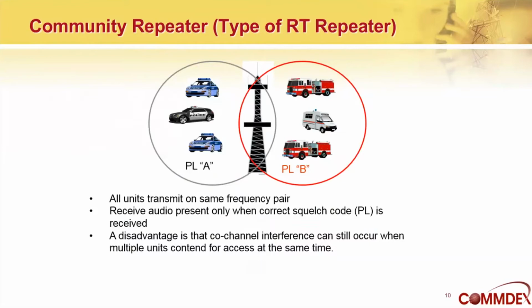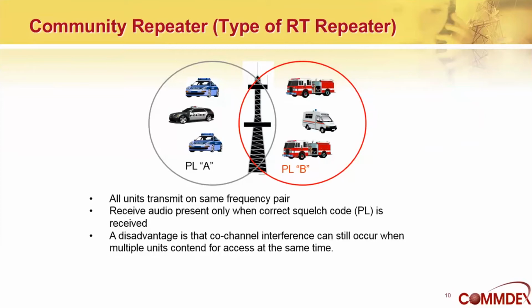And all the units that belong to that repeater transmit on the same frequency pair, and they'll go out on the same frequency. However, you will only receive the signals from the units that have the same squelch code that you have programmed in your radio. So that means you can support multiple users and you'll only hear your own group.